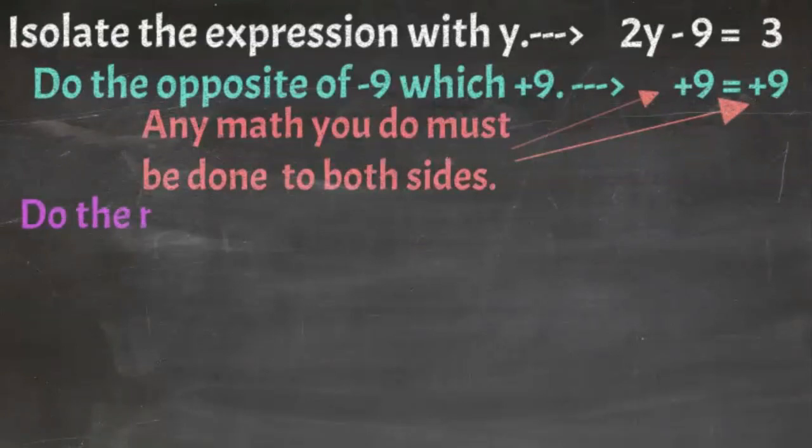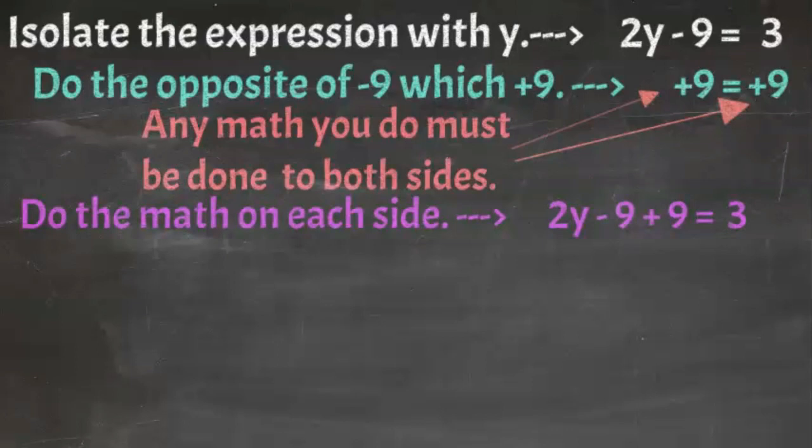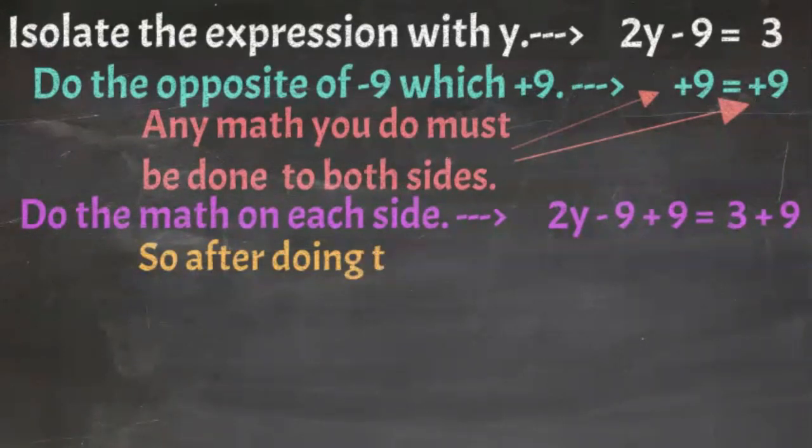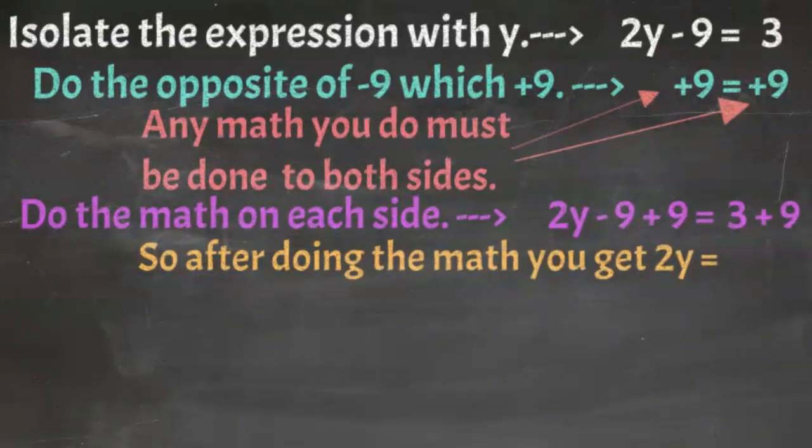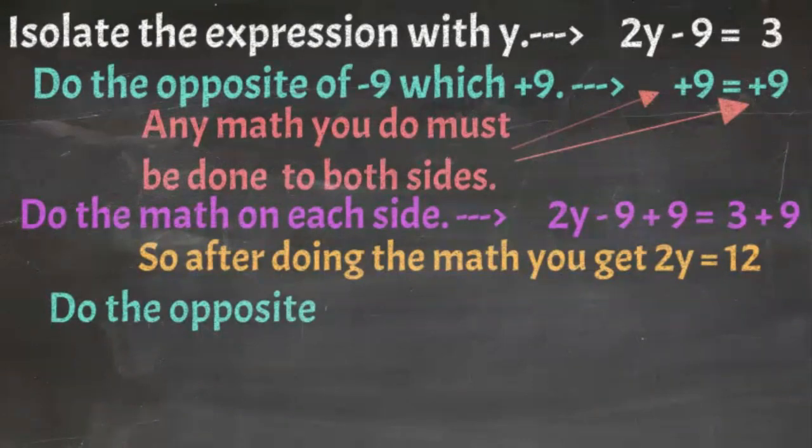Do the math on each side, and you get 2y minus 9 plus 9 is equal to 3 plus 9. After doing the math in that equation, you get 2y is equal to 12. Now you have to do the opposite of multiplying by 2, which is dividing by 2.